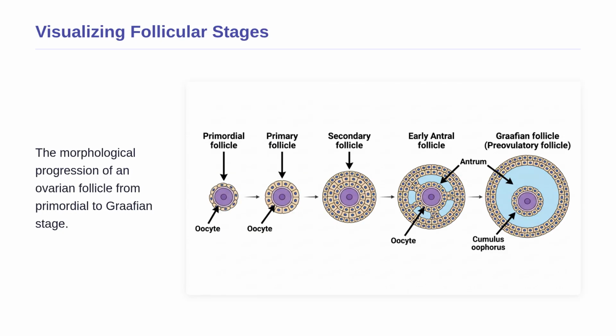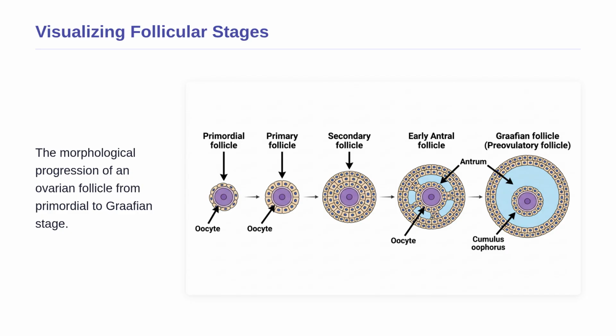Before we move on to the mathematics of this growth, let us see this progression visually. Here, you are looking at the exact stages a follicle goes through. On the far left, we start with the tiny primordial follicles, which have just a single flat layer of cells. As we move to the right, you can see the primary and secondary follicles growing larger as the granulosa cells multiply.